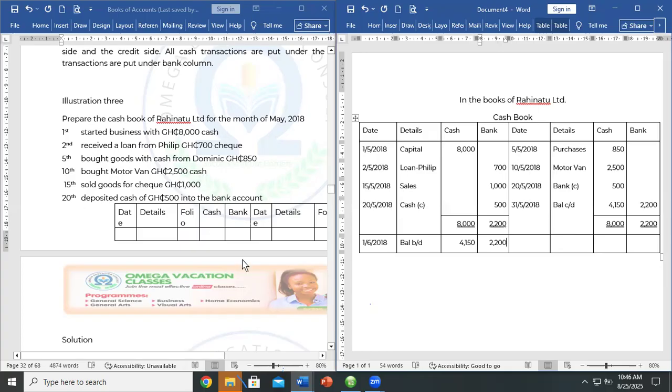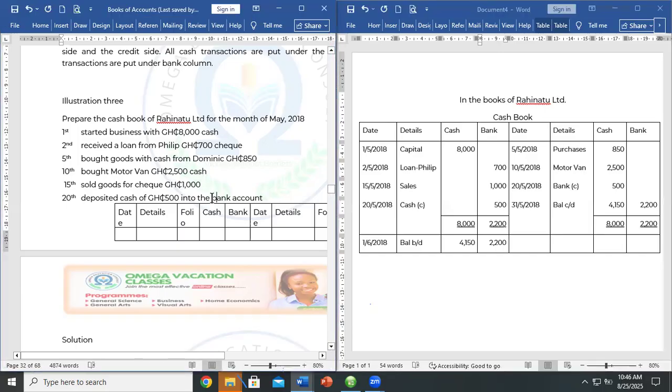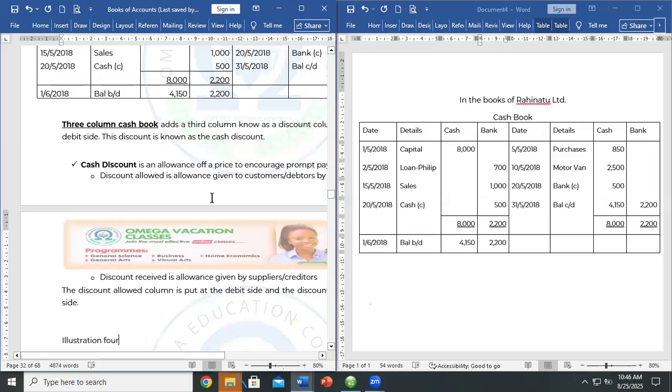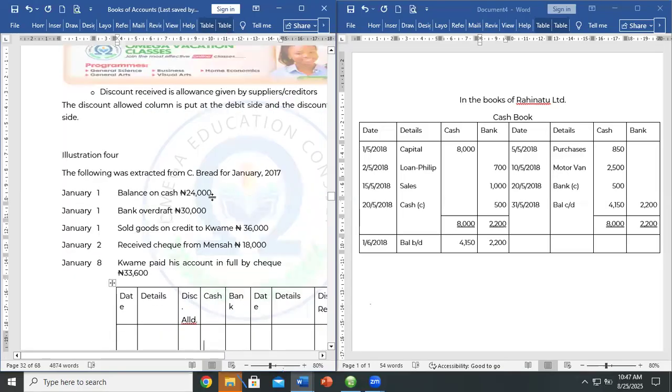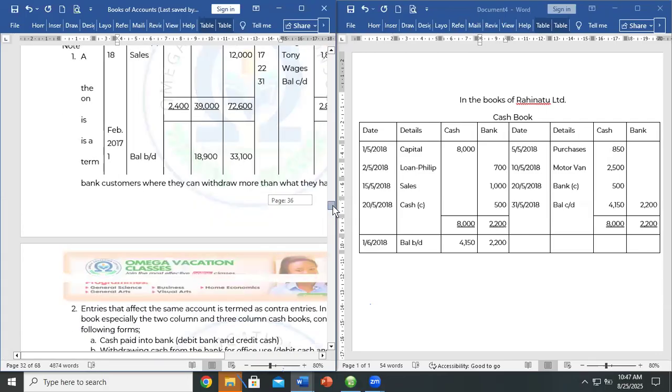If our time will permit us, let's look at the 3-column cash book. And then maybe I'll drop one question on the page for you to at least play with. Okay, so there we have it, the 3-column cash book, the question for the 3.